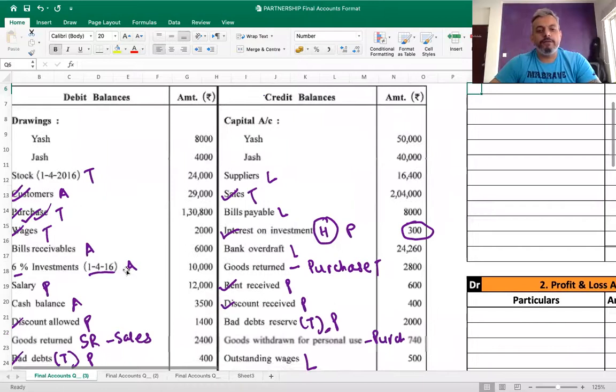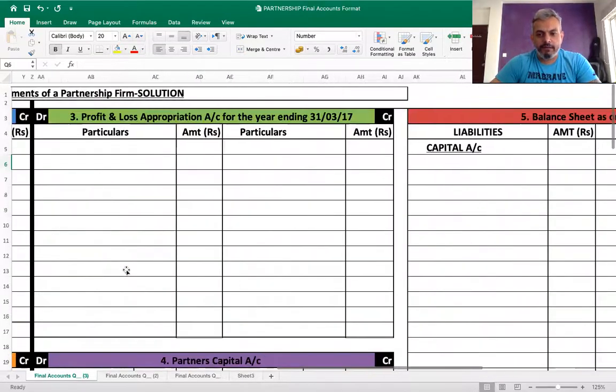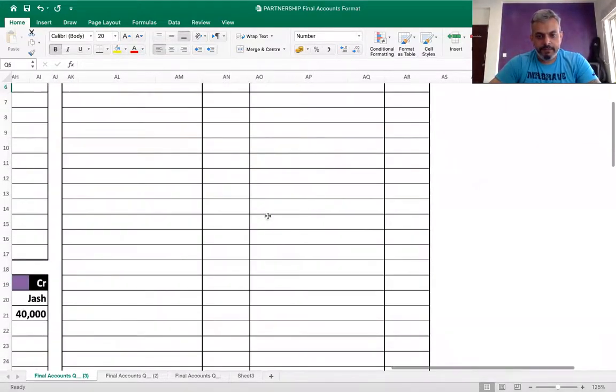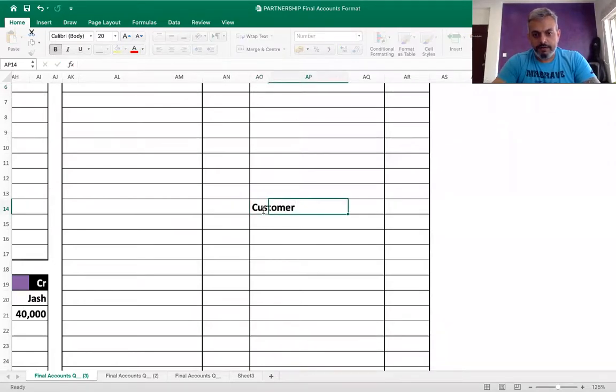Okay, so customer, that is debtors, 29,000 in the inner column, minus bad debts as per adjustment, minus bad debt reserve as per adjustment, and here we also have minus discount reserve.